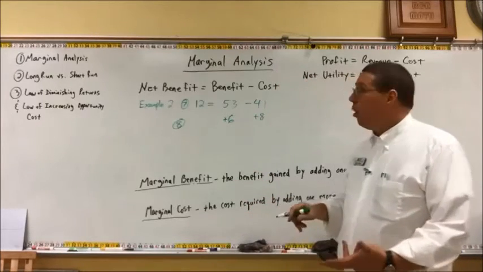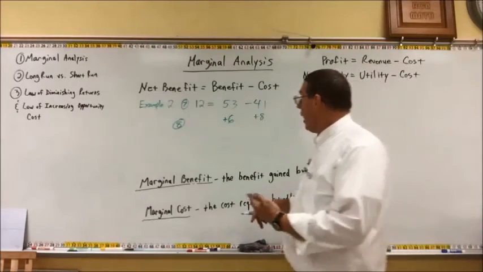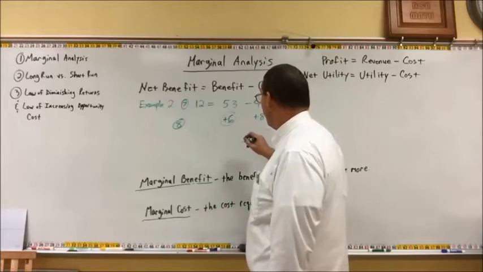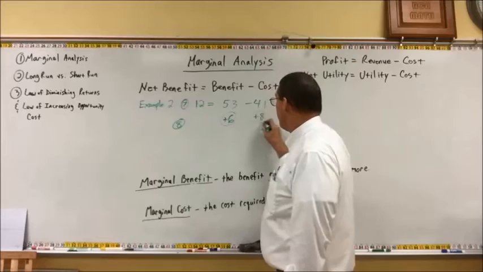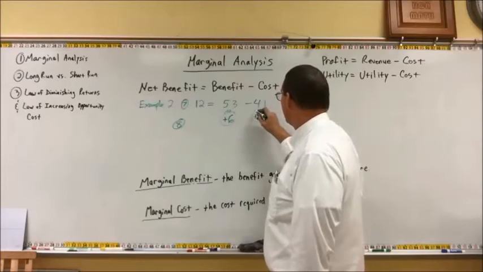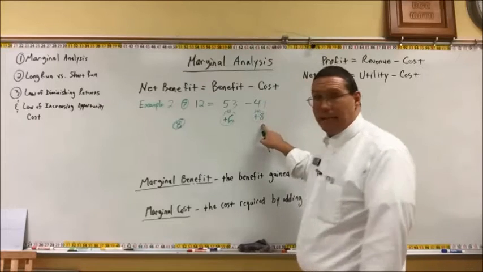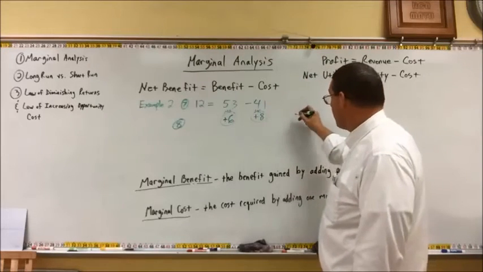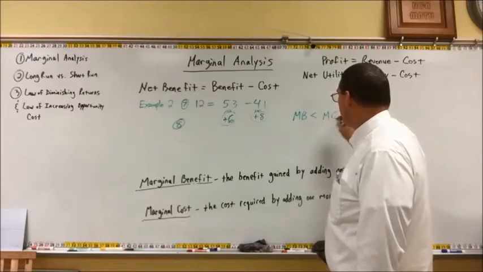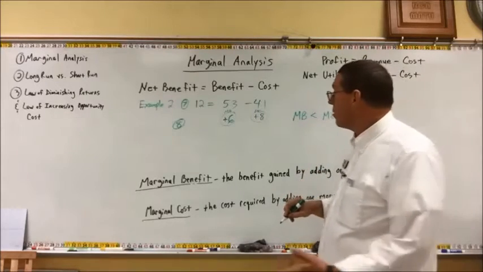Okay? And so what we look at here is that the marginal benefit is 6. And the marginal cost is 8, right? So in this case, the marginal benefit is less than the marginal cost, okay? And let's see what happens.